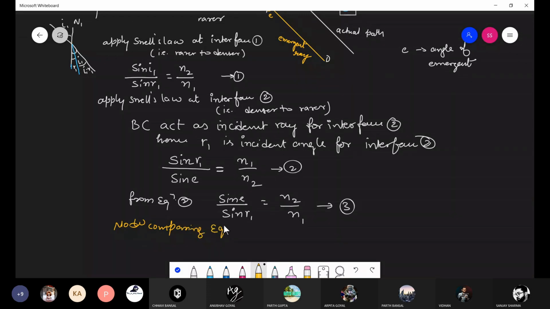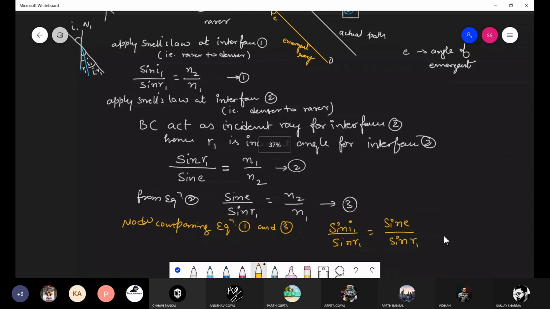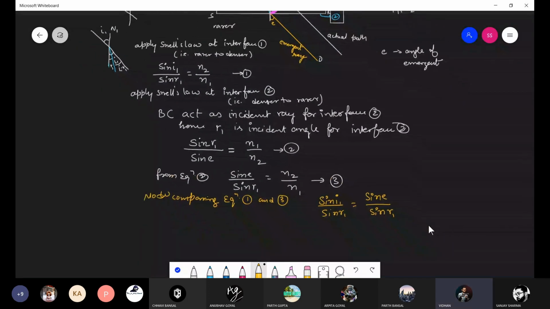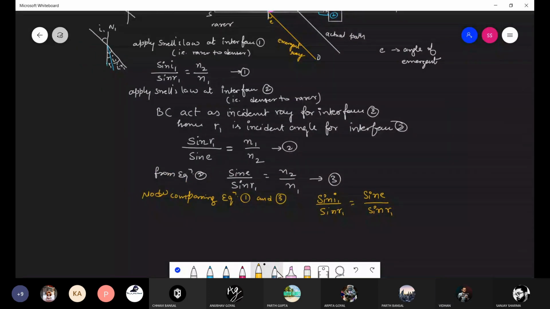Now comparing equations 1 and 3, sine I1 upon sine R1 is equal to sine E upon sine R1. Is there any cancellation here?